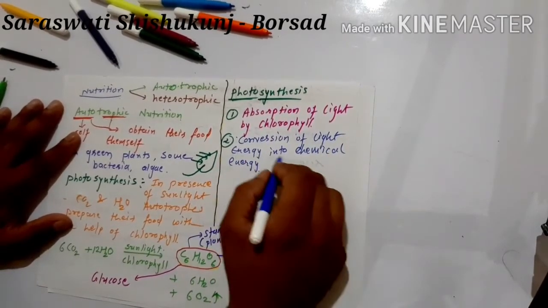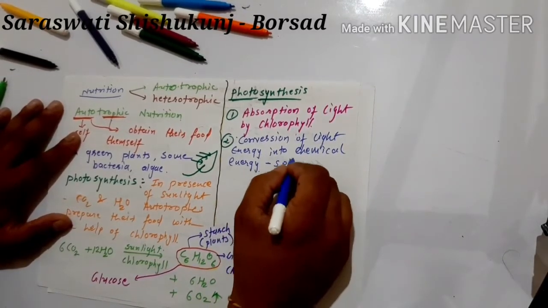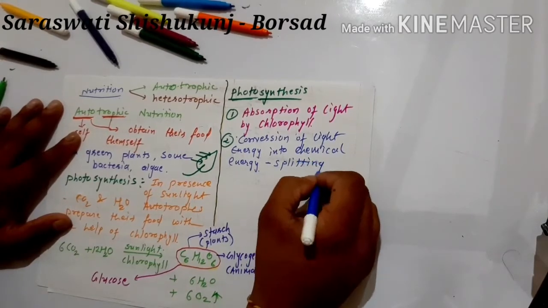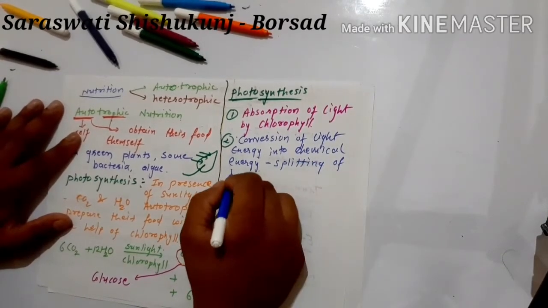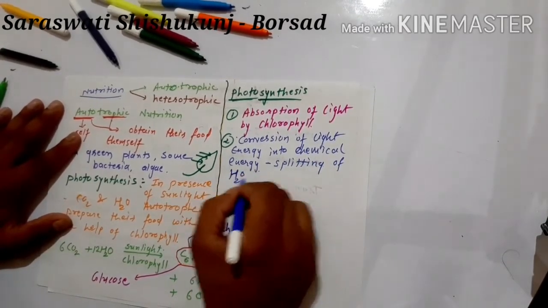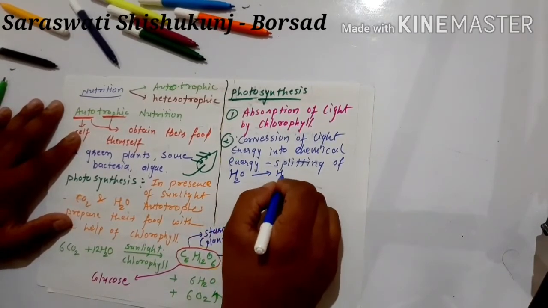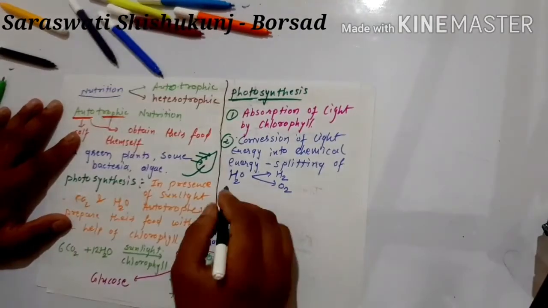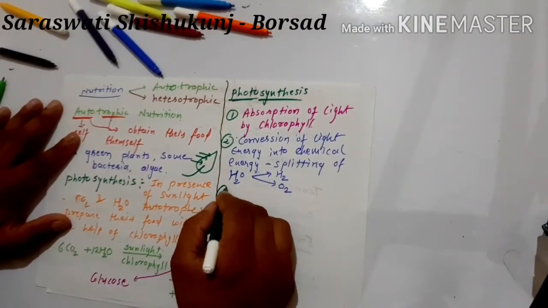And when this is done, there will be splitting of H2O. The water molecule will get split into hydrogen and oxygen. So this is the second step of photosynthesis.